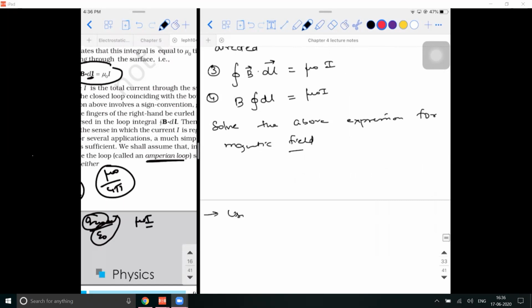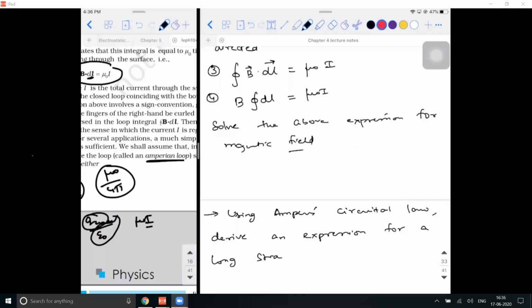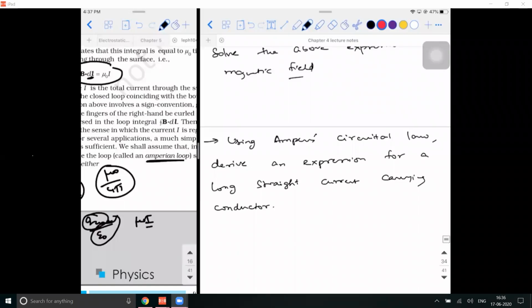The first application we are going to see is: using Ampere's circuital law, derive an expression for a long straight current carrying conductor.